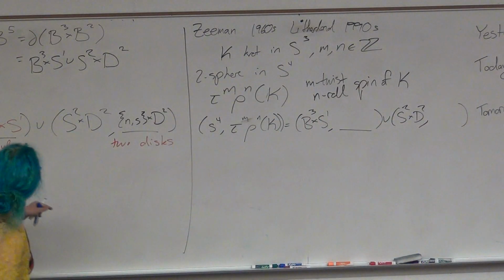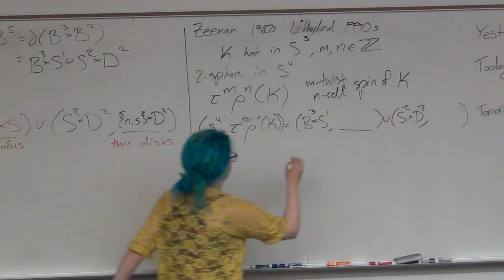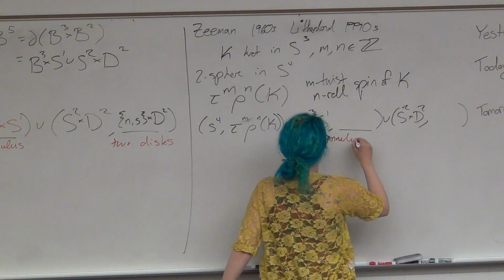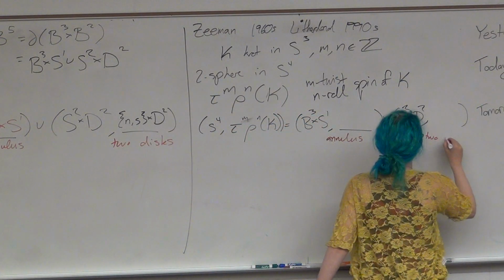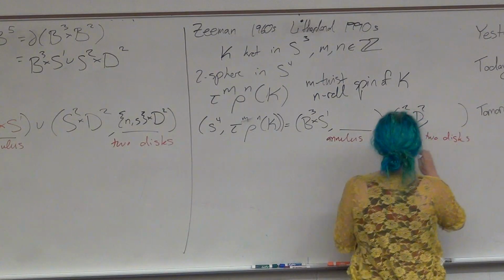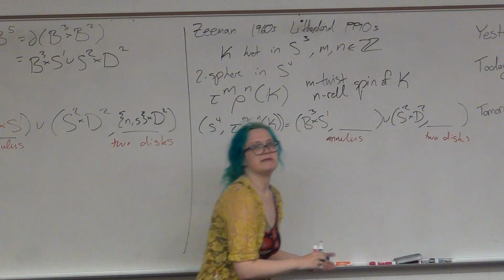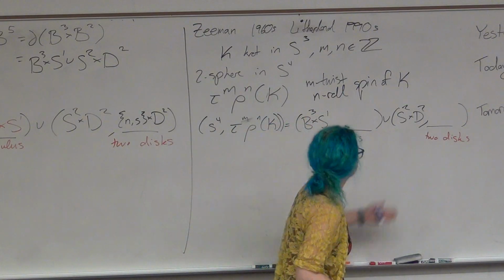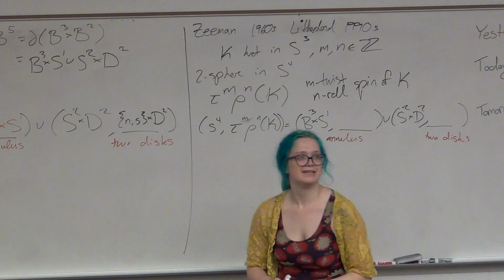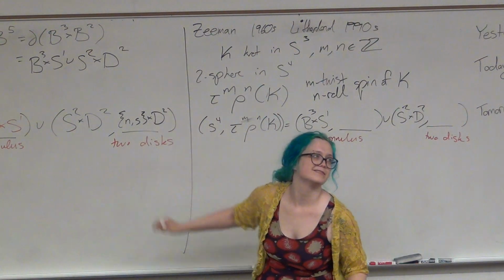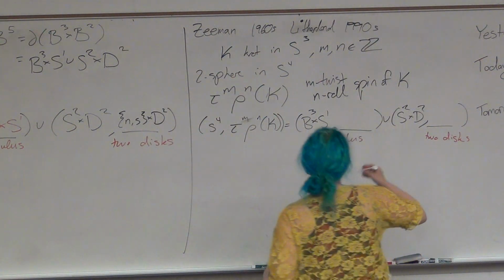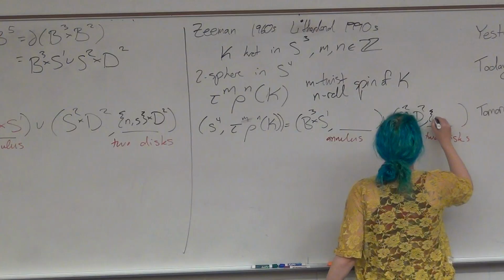And in fact, the two simple things are the same. We're going to have an annulus in S2. And the two disks are going to be the same because I don't think I can think of a good, simple example of two disks sitting inside of S2 cross D2 that isn't just two points cross D2. That's beyond me. So I'm just going to write, again, the same thing.